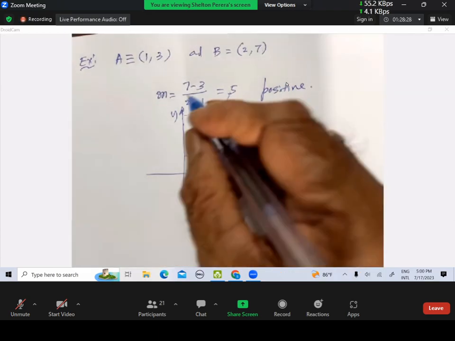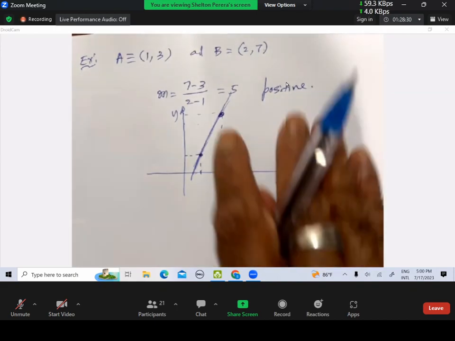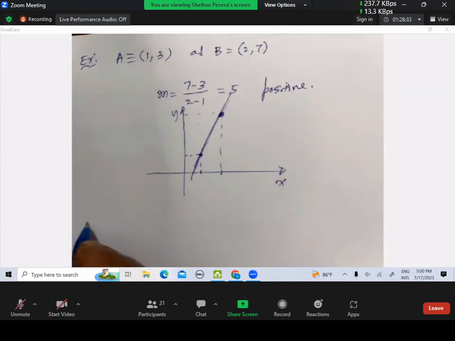This is the case for any positive slope.